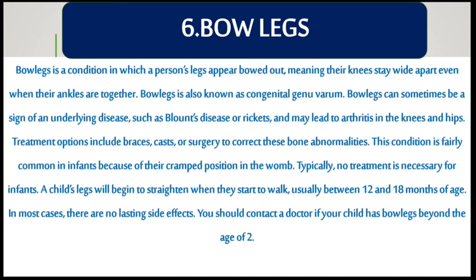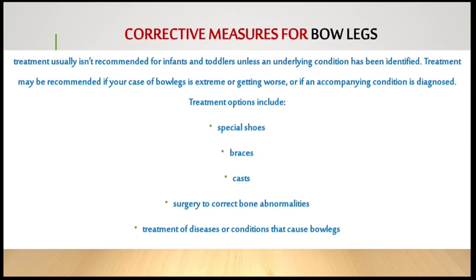So let's move to the next page, where we talk about the corrective measures for bow legs. Treatment is usually not recommended for infants and toddlers unless an underlying condition has been identified.